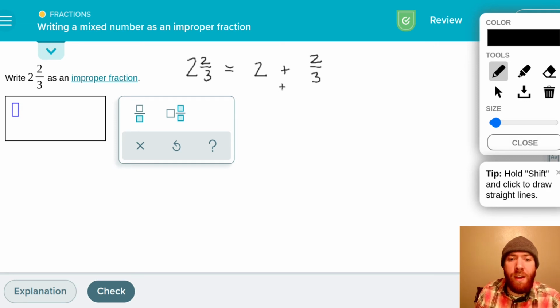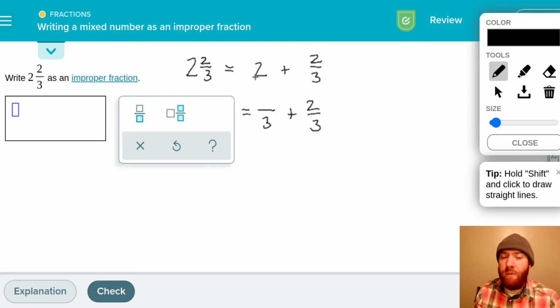And in order to add with fractions, you need to have a common denominator, right? So we're going to write 2 as something divided by 3. And then we're going to add 2/3 to it. So what number divided by 3 would give you 2? 6 divided by 3 would give you 2. And so 6/3 is the same as 2.